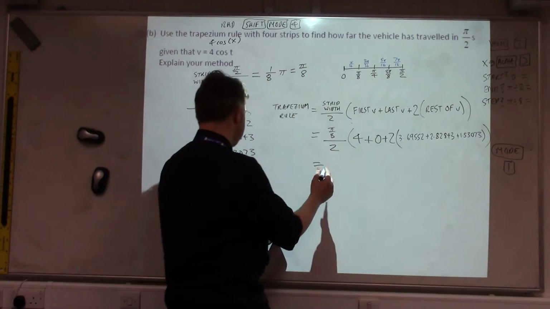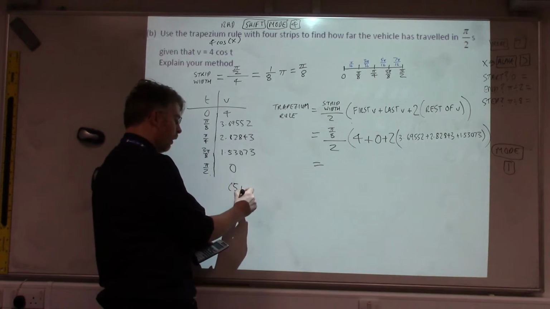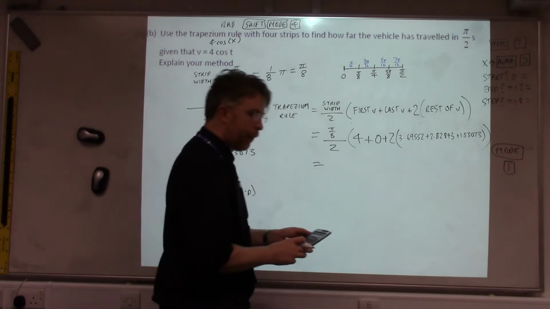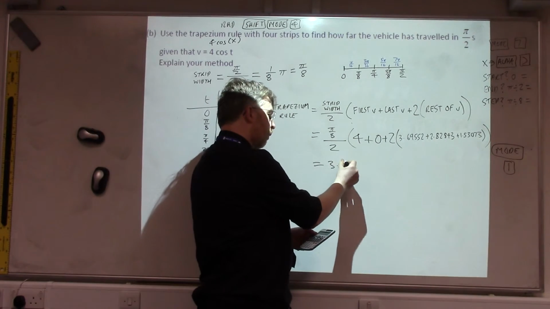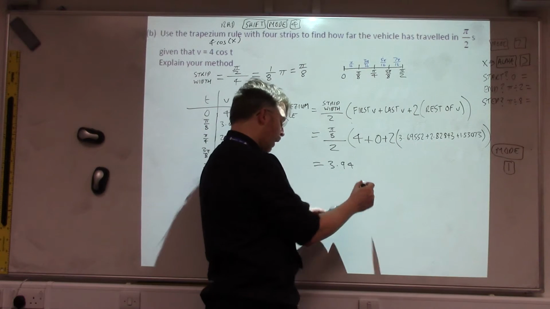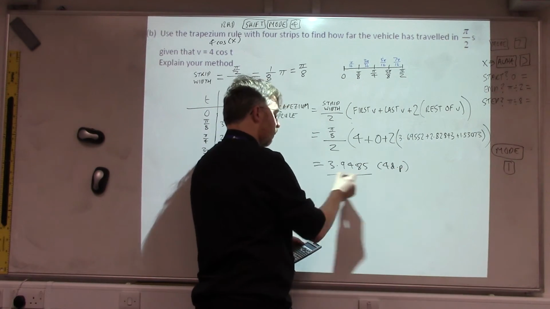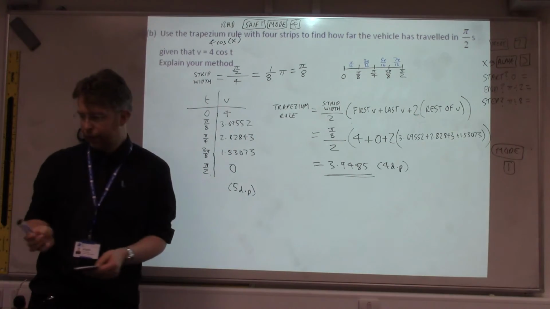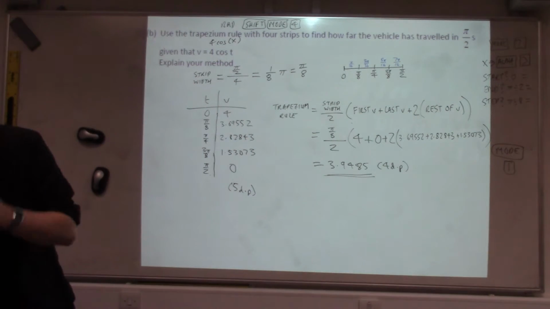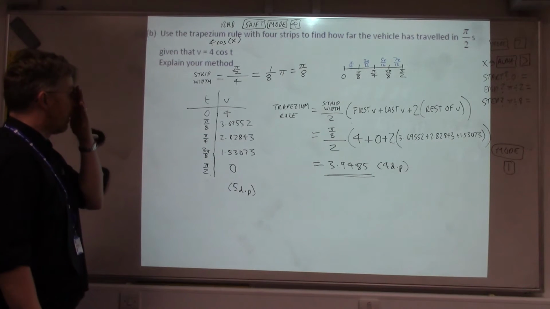And to 4 decimal places, so all these are to 5 decimal places, our final answer will be to 4 decimal places, which is 3.9485. And that's the trapezium rule question.